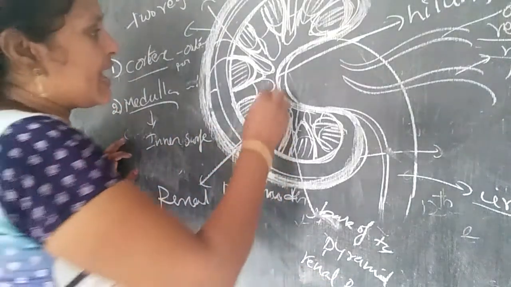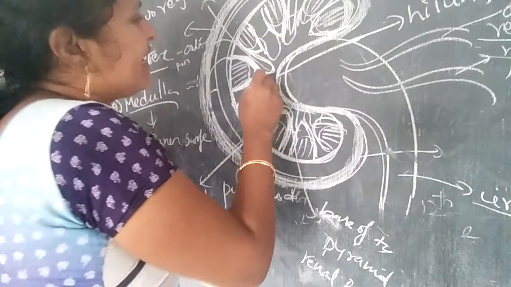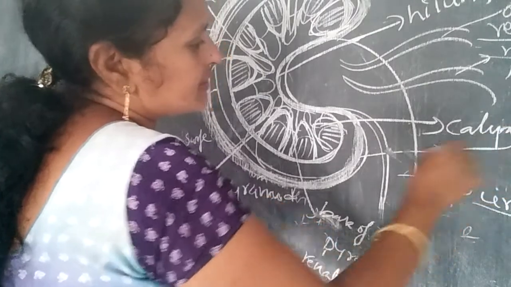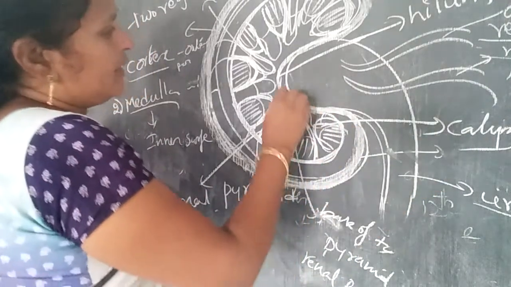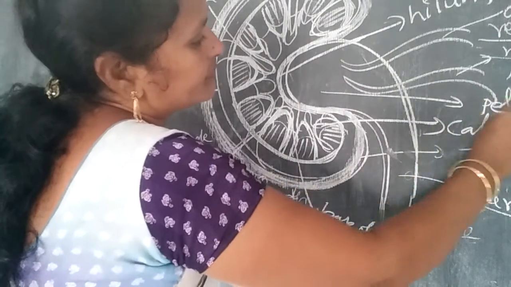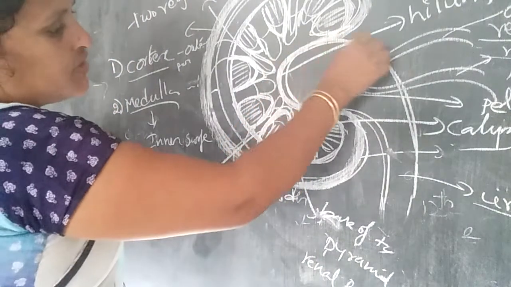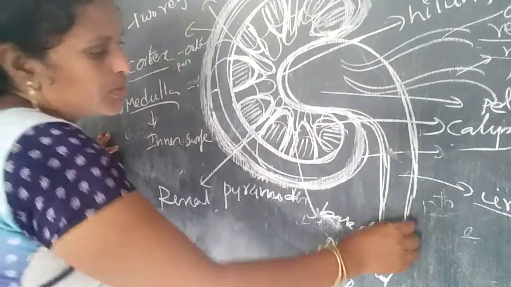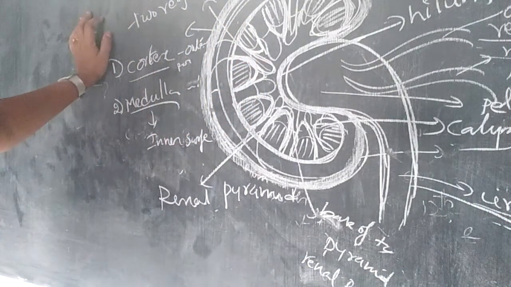The renal papilla has a cup-like structure, also called calyces, or calyx. The calyces are formed by a funnel-shaped structure, the pelvis, which moves on to the ureter. So that is the internal structure of the kidney.